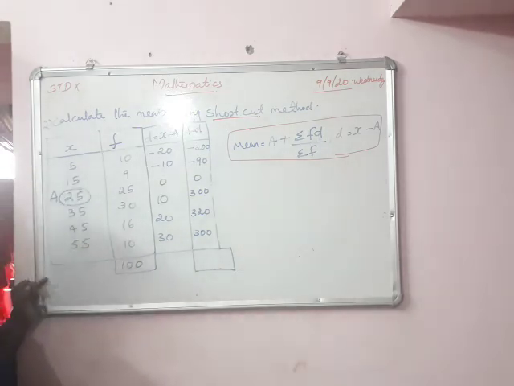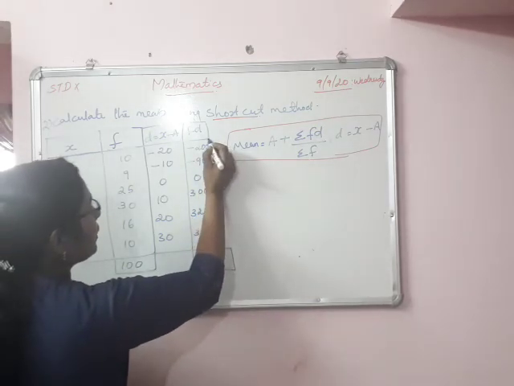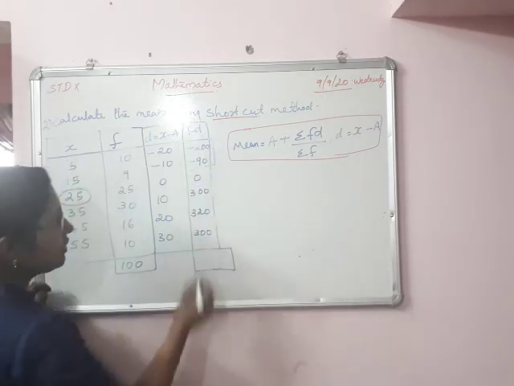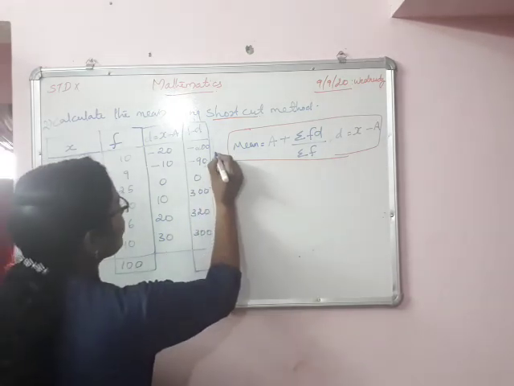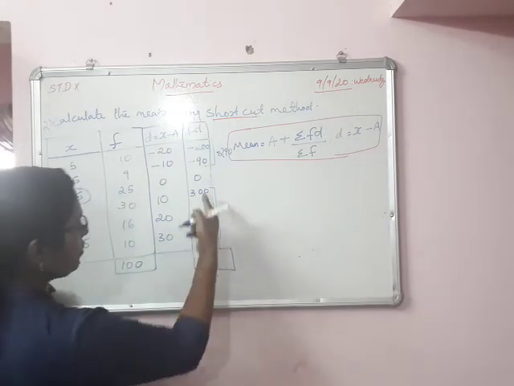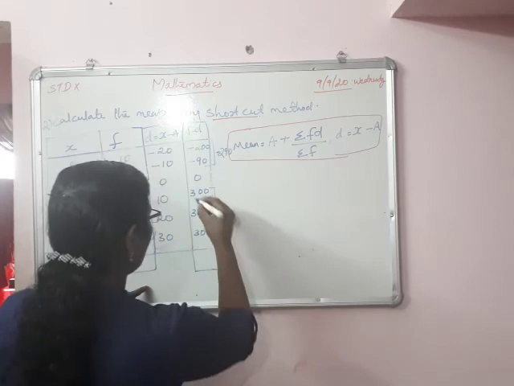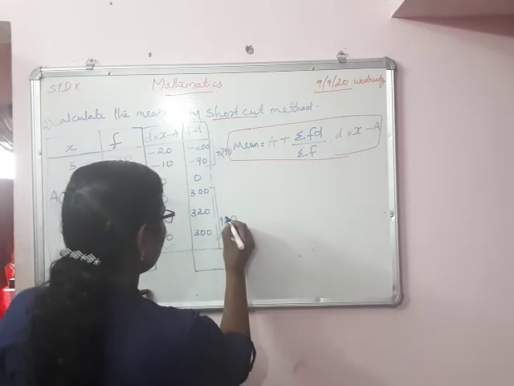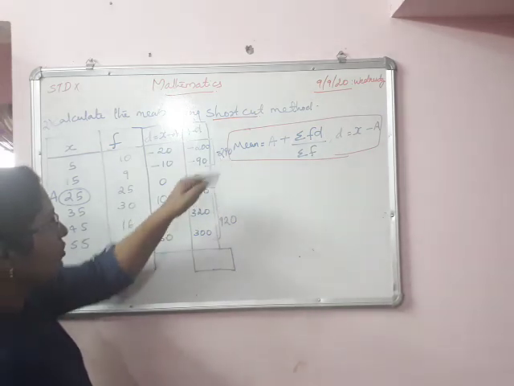Sigma F is 100. Okay. Then sigma FD. When you are finding sigma FD, these two are negative values, the remaining are positive values. So this is minus 290 together. This is the positive value, 920. Then add 920 and 290.